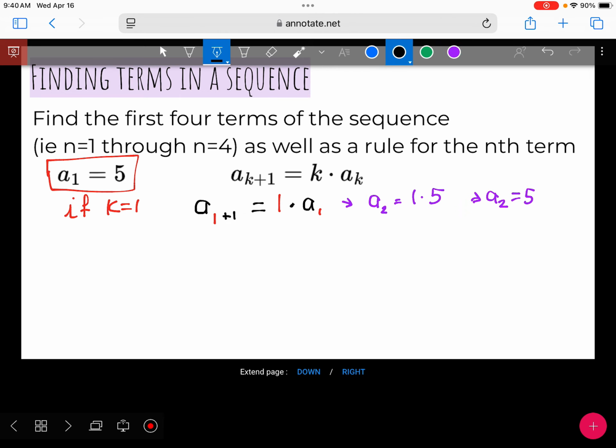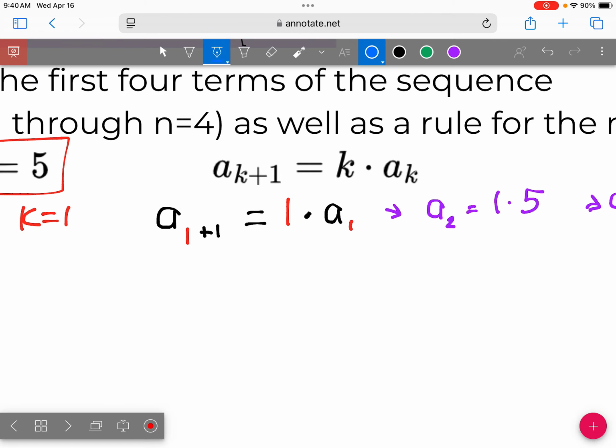Because then we're going to keep going. We've got a sub 1. We've got a sub 2. Let's get a sub 3. So we have 2 plus 1. We've already done 1. We're going to have 2 times a sub 2.